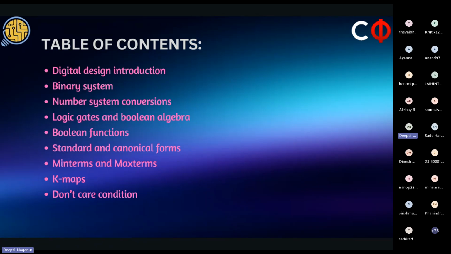Number system conversions, logic gates and Boolean algebra, which most of you mentioned in the Q&A section. Boolean functions, standard and canonical. So we'll be looking into different parts of Boolean functions, like the standard and canonical forms, min terms, max terms, K maps, and don't care condition.